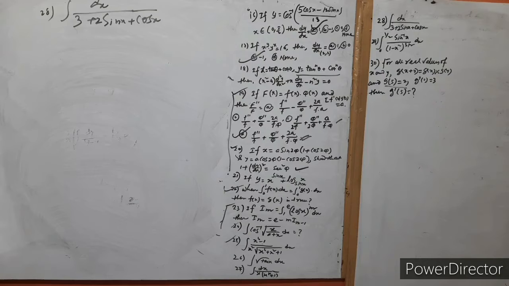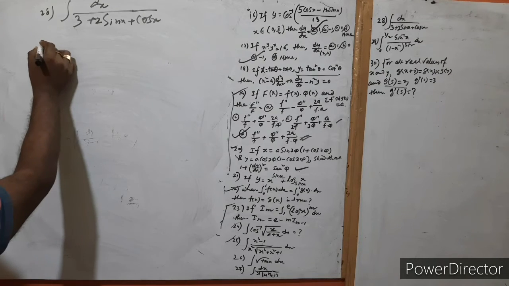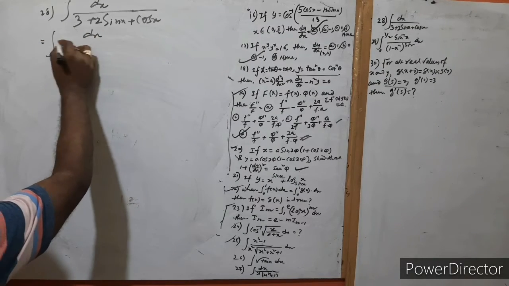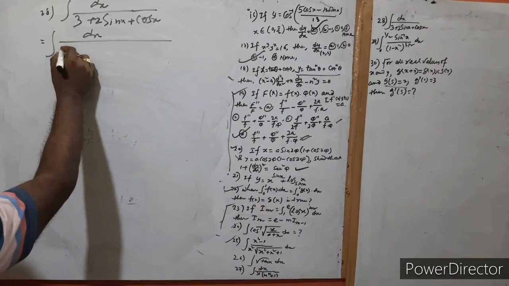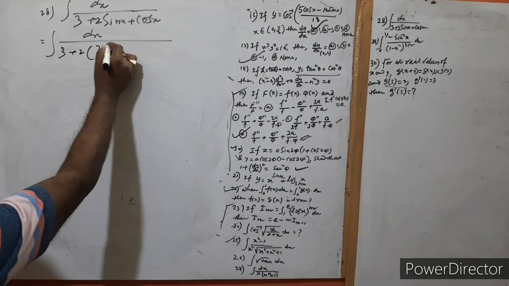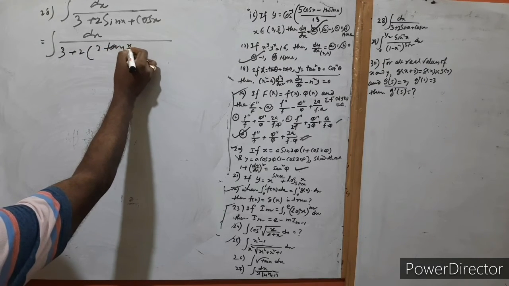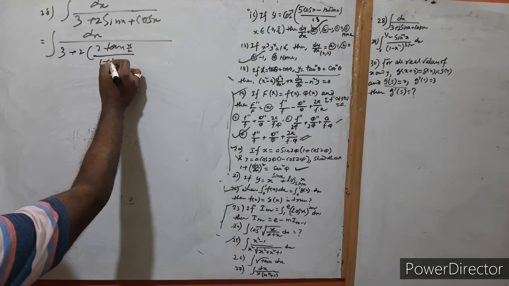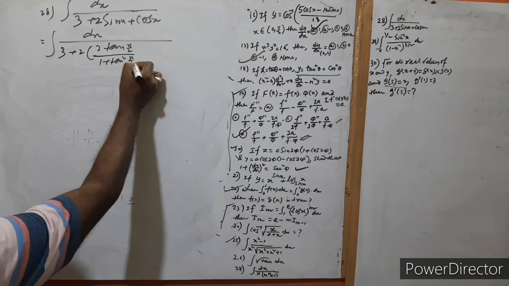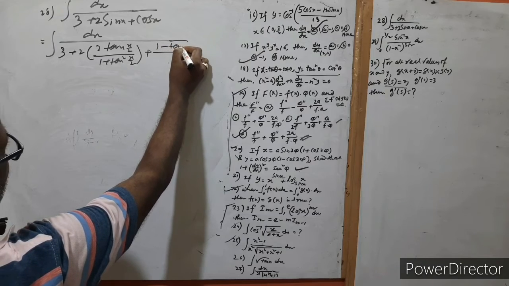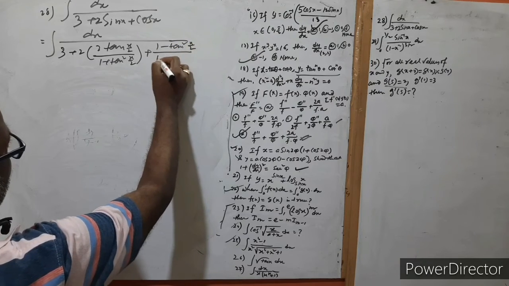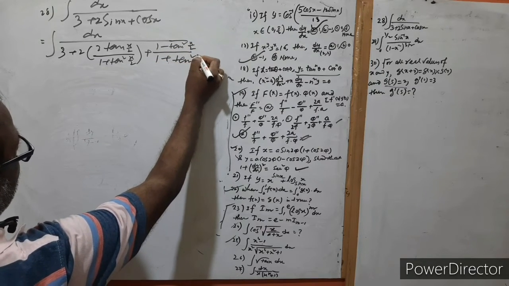Here the degree of sin x and cos x is 1, so we can easily substitute the formula of sin x in terms of tan: 3 plus 2 into 2 tan(x/2) by 1 plus tan square(x/2), and also for cos x, it is 1 minus tan square(x/2) by 1 plus tan square(x/2).